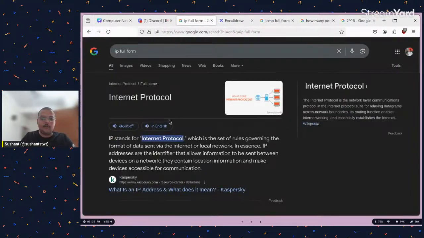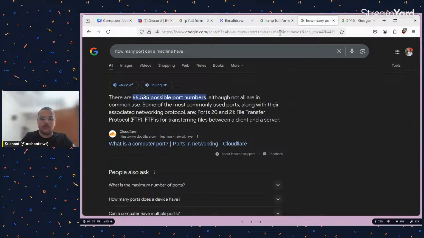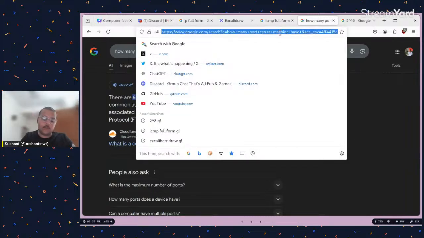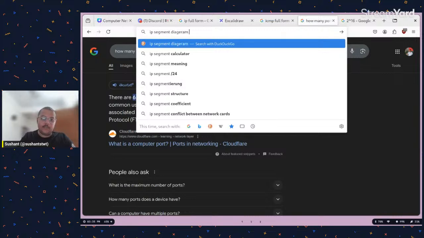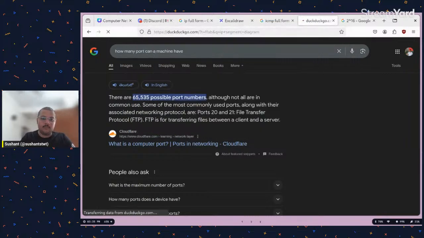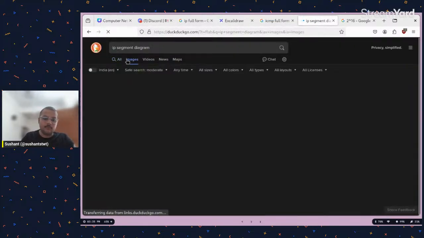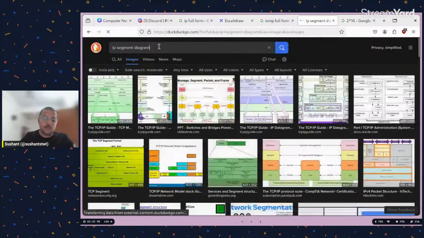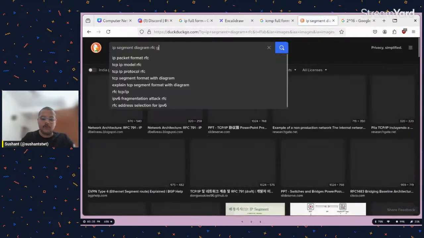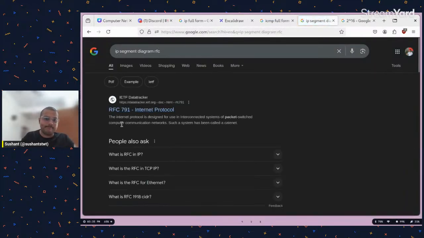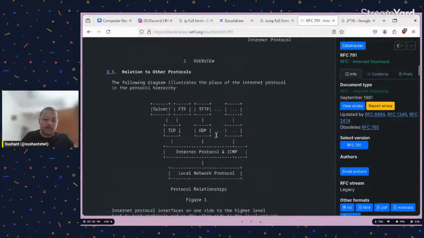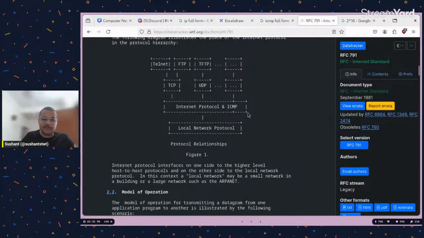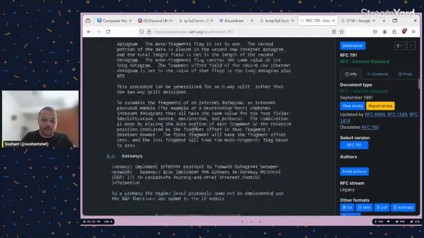I think I can show you why it's 2 to the power 16. If you go to, what is it called, IP segment diagram. I think there's a very awesome diagram somewhere over here which basically explains why ports is 2 to the power 16.